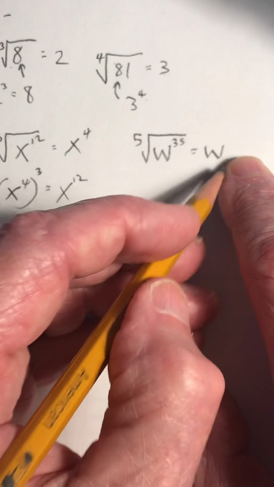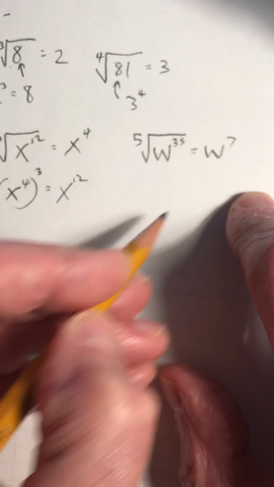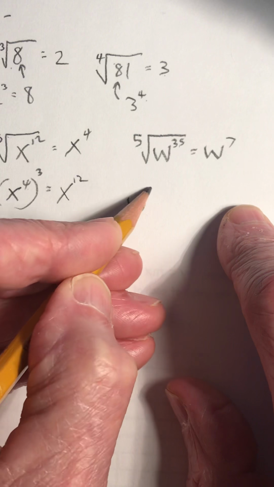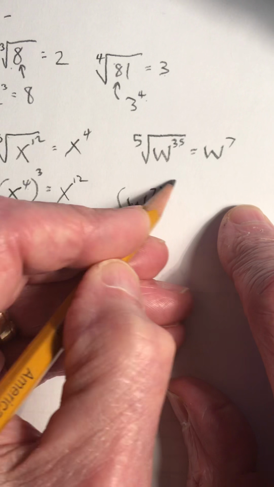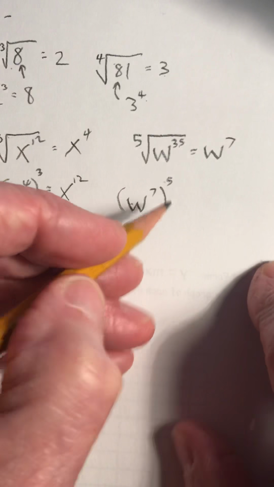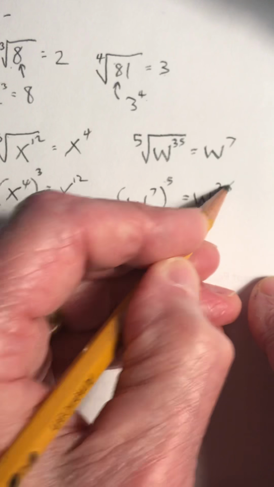It's going to be 7. I just divide, don't I? 35 divided by 5 is 7. That's what that simplifies to. Again, if you have to argue why that's the case, it's because if you take w to the 7th to the power written in the index, you get back the original.